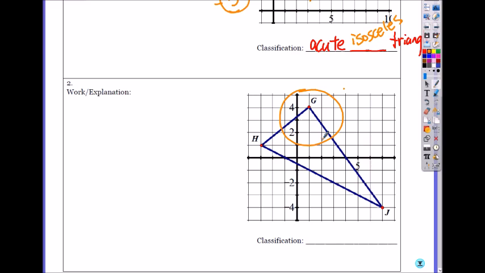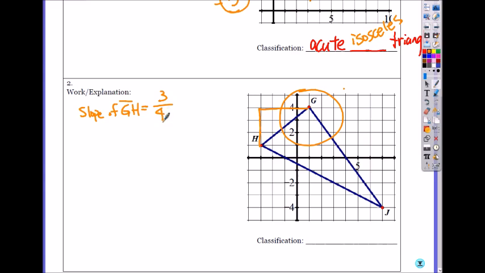So what do we have to do? We have to look at the slope. If it's a negative reciprocal, then it's perpendicular, right? So let's find the slope of GH. So slope of GH will be what? Rise over run. 1, 2, 3, rise. Positive 3, going up. 1, 2, 3, 4.